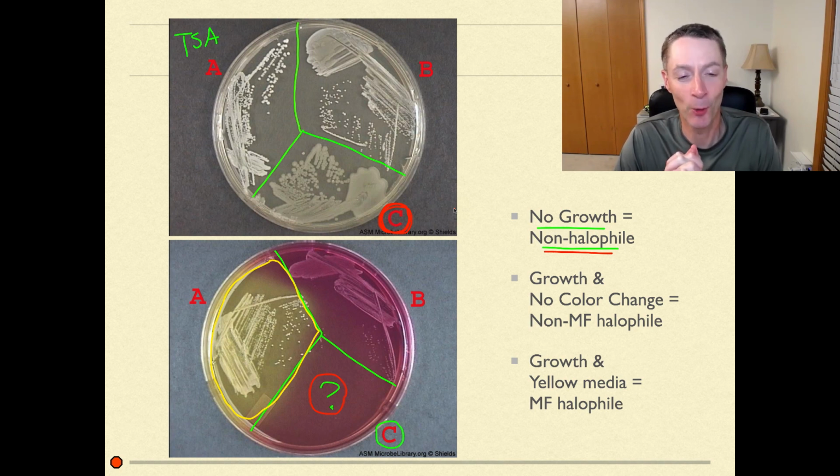This is a corny way of talking about it, but really, it's the waste products of these organisms that cause the color change. So here we're doing that to bacterium labeled C. This organism was not given a chance to survive. It was not given a chance to ferment mannitol, so we can't really pass that judgment.